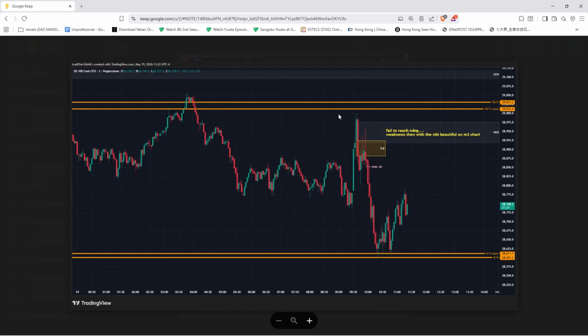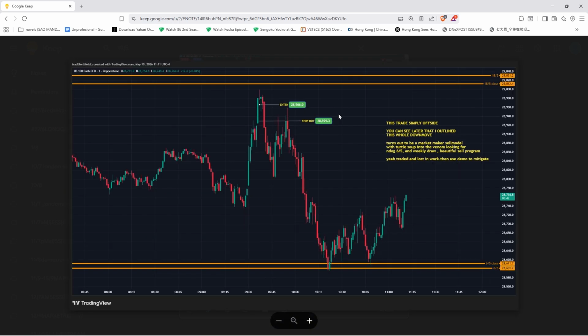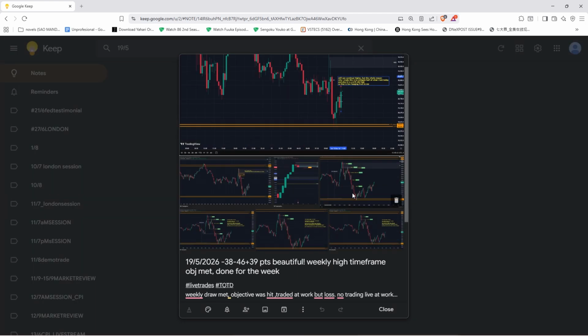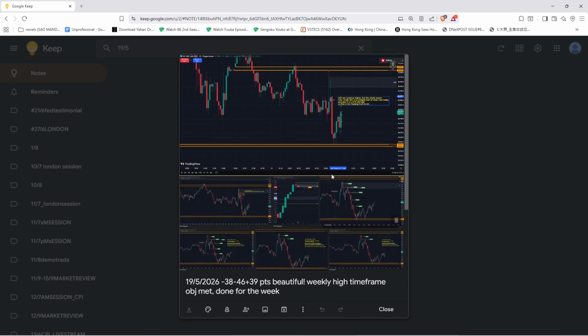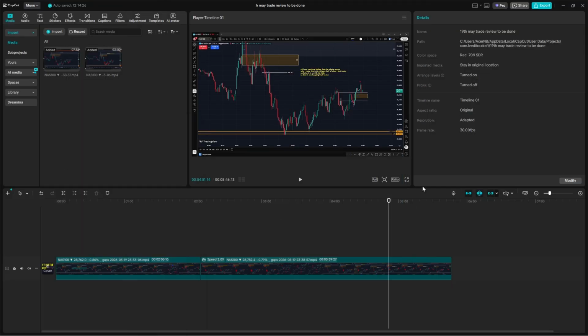But yeah, when I was mitigating with this trade right here, this is a 15-minute chart.